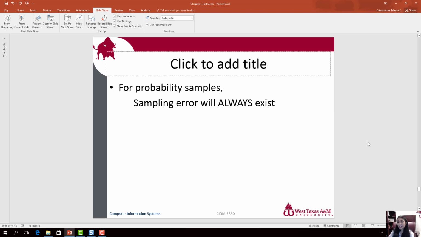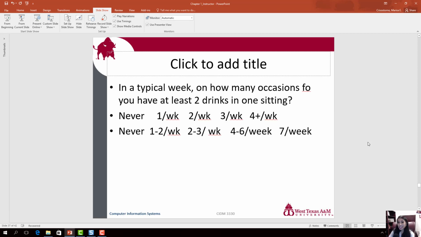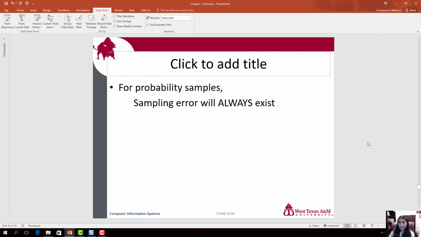And then the last type of error is sampling error. For probability samples, sampling error will always exist. This is because there is some variation from one sample to the next.